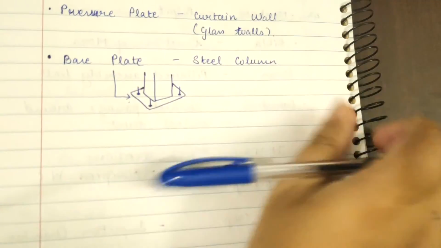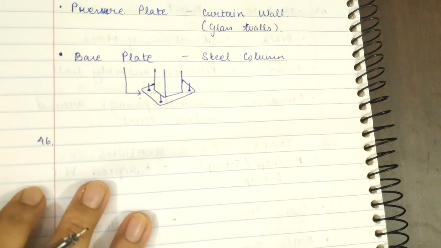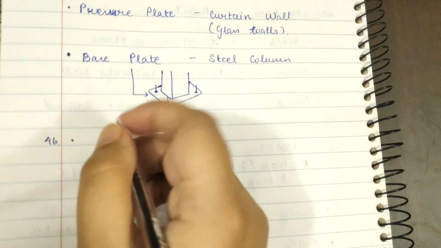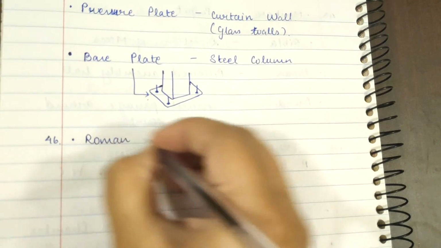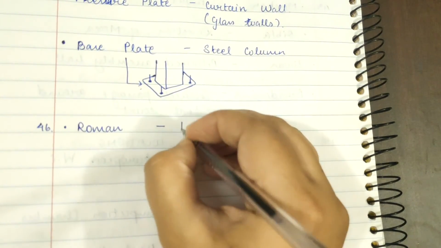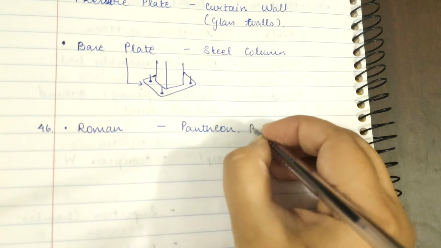Question number 46 is match the historical buildings with their styles. I'll write here styles, and the first one we have is Roman. What are a few of the buildings in Roman style? First one is Pantheon. Remember where Pantheon is and where Parthenon is.